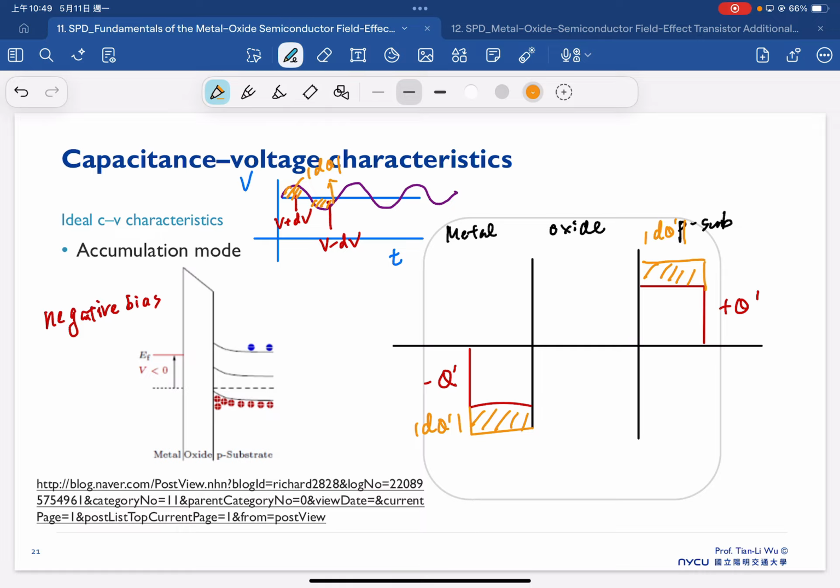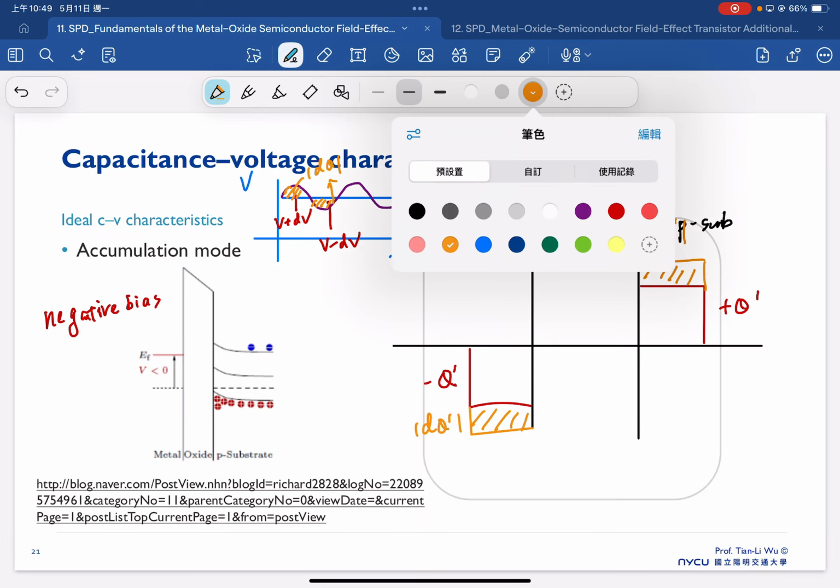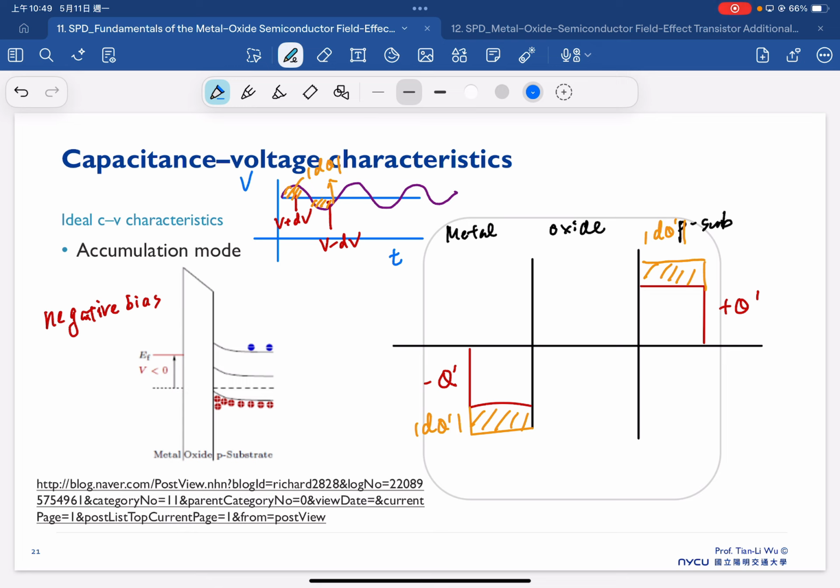So we have a dQ here and a dQ there, and the capacitance between these two dQ will be exactly equal to our oxide capacitance, which can be estimated by considering the oxide thickness and oxide dielectric constant.